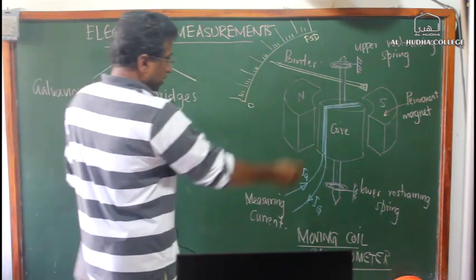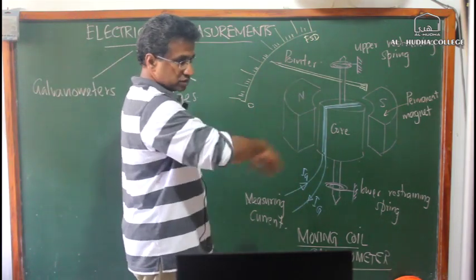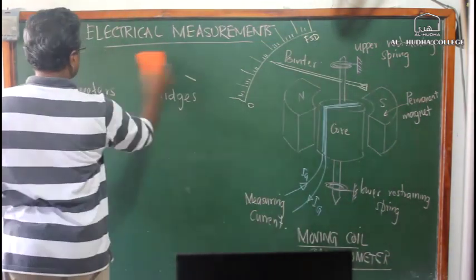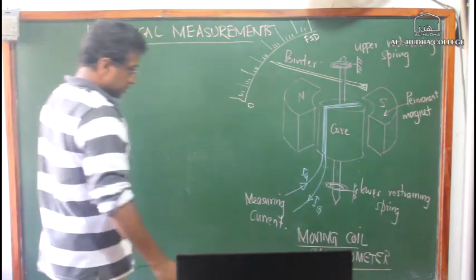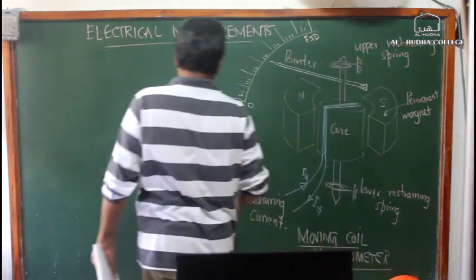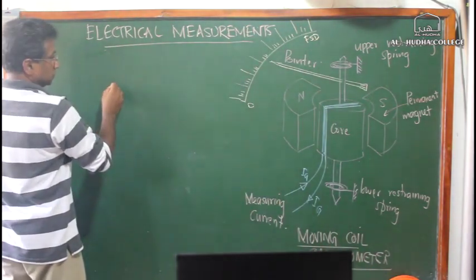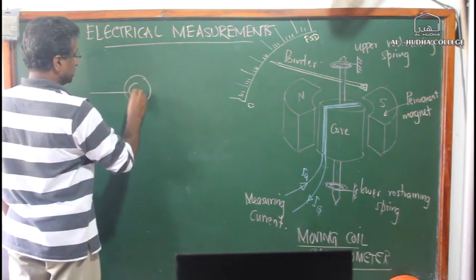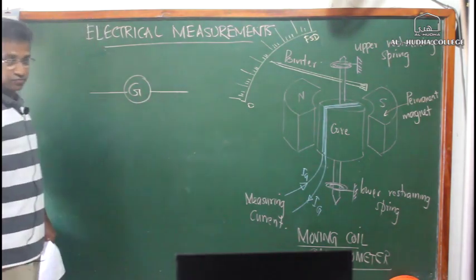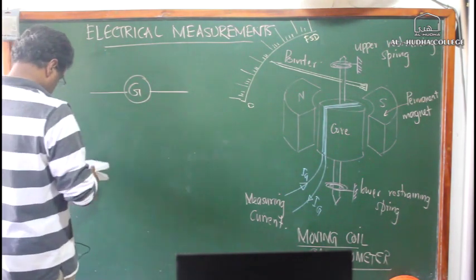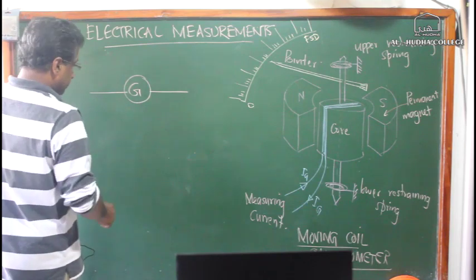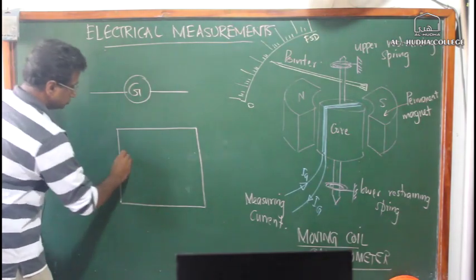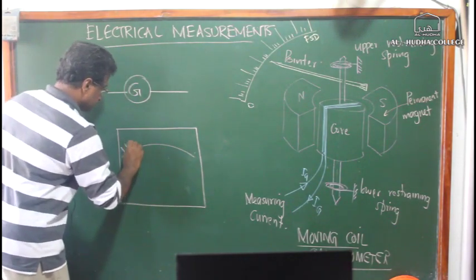So now we can't be drawing all these drawings all the time. So what we will do is we will make a symbol for the galvanometer, right? So if you want to represent the galvanometer in a circuit, if you put a G, it is more than enough. Or if you want to put it with some details, you can draw it like this with a scale.